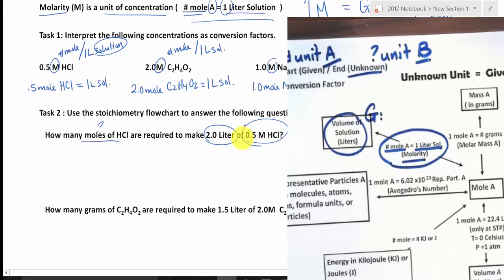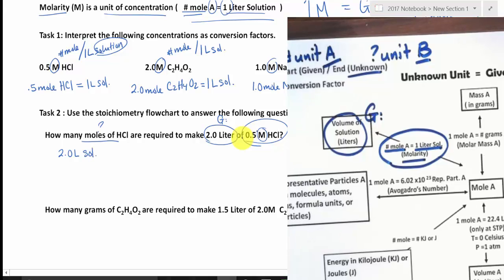So how does that work? Well, of course, this is going to be our given. So we have 2.0 liter of solution. I'm going to put the word solution there for you. And times this right here.